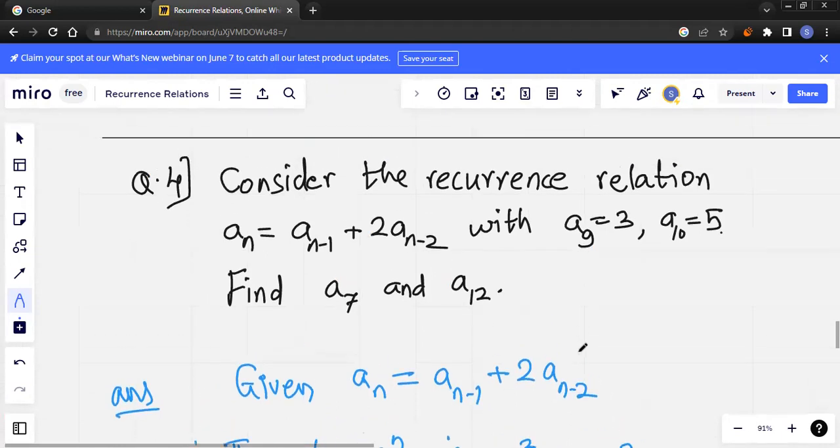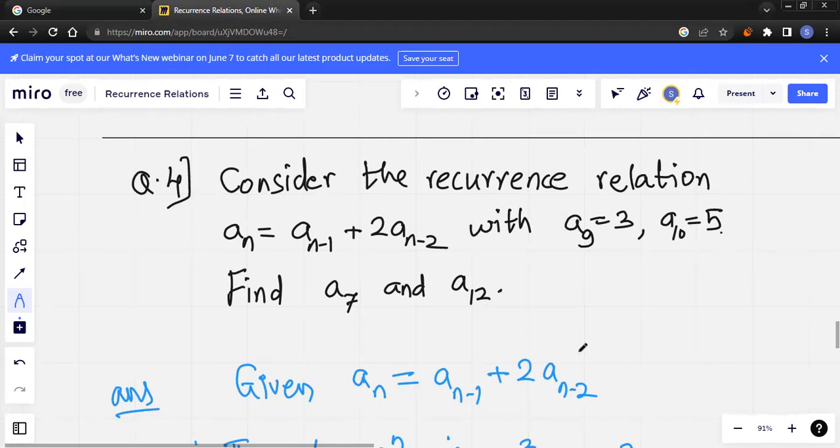This is a tricky question, you can see. Consider the recurrence relation a_n = a_{n-1} + 2a_{n-2} with a9 equal to 3 and a10 equal to 5. You can see this is not an initial condition they have given, since they are not starting with a0 and a1.